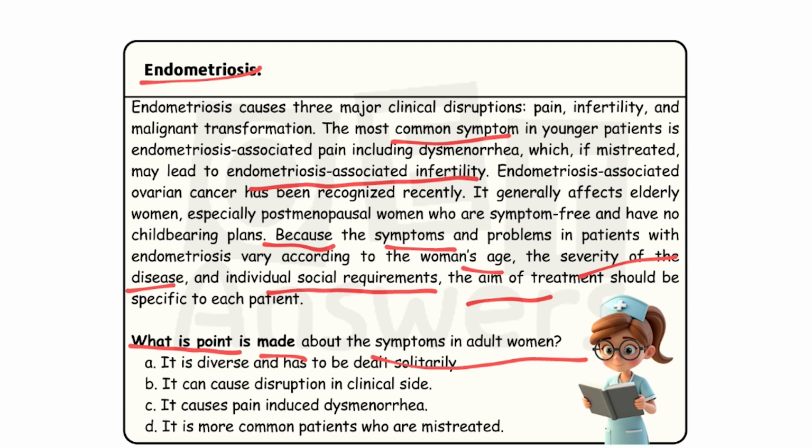Now look at the answer options. In the first two lines you can see the symptoms, and in between they have mentioned endometriosis associated with this problem, and the risk will be high in postmenopausal women who are symptom free and have no childbearing plans.